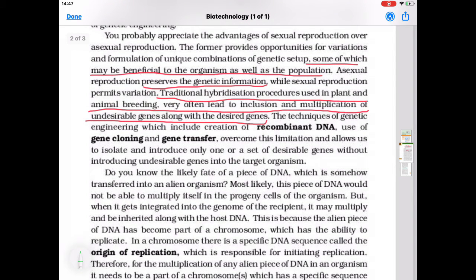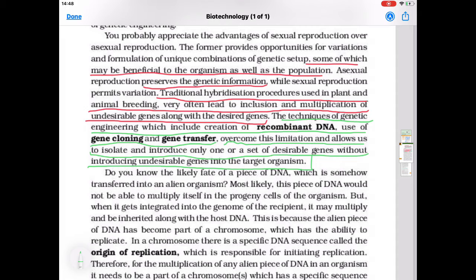The technique of genetic engineering, which includes creation of recombinant DNA, use of gene cloning and gene transfer, overcomes this limitation and allows us to isolate and introduce only one or a set of desired genes without introducing undesirable genes into the target organism.